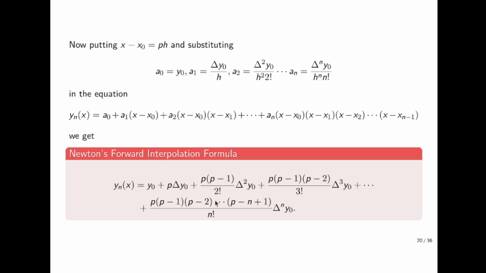Using that, you can simplify and you will get p times (p minus 1) by 2 factorial delta square y0. So you will get a formula to find the polynomial yn of x using forward differences. This is what we call Newton's forward interpolation formula.